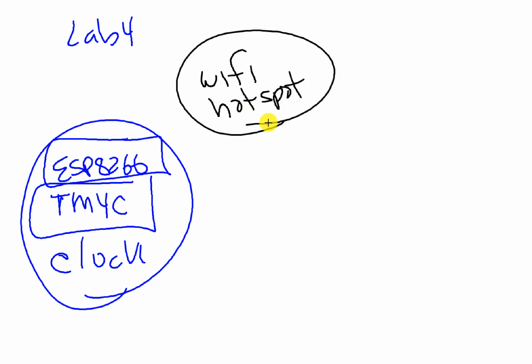I use the one on my phone, but there are a couple in the building that you can use if you want. Just ask us for the password and the ID. We're going to open up sockets, send TCP packets, and do domain name service requests, etc., through the ESP8266 to the hotspot.